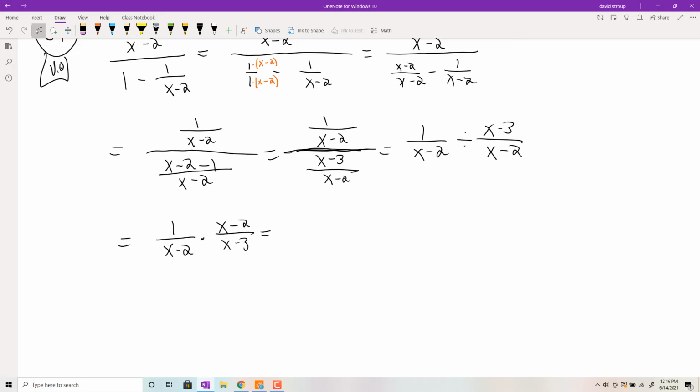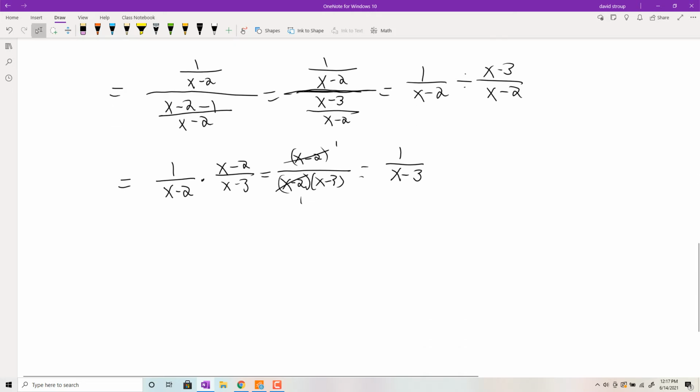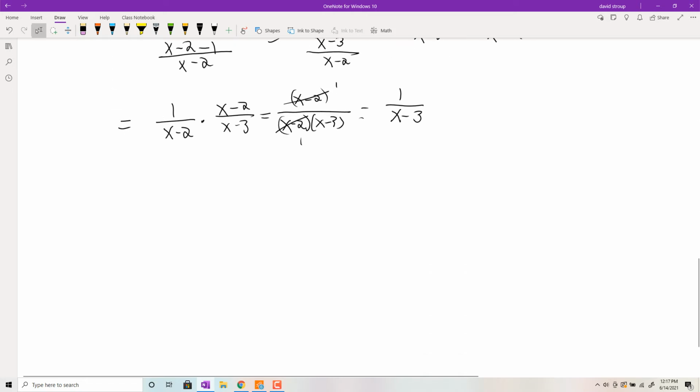You can already see there's going to be a nice little cancellation with this factor of x minus 2. If you wish, you can put it in parentheses so it looks even more similar. But the x minus 2's cancel. You're left with 1 all over 1 times x minus 3, which is just x minus 3, and that's it. Okay, one more, and then we'll move on to method 2, the second method here.